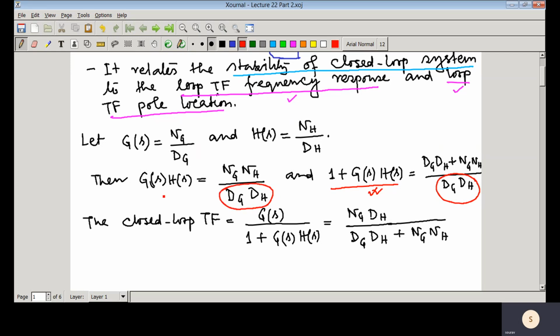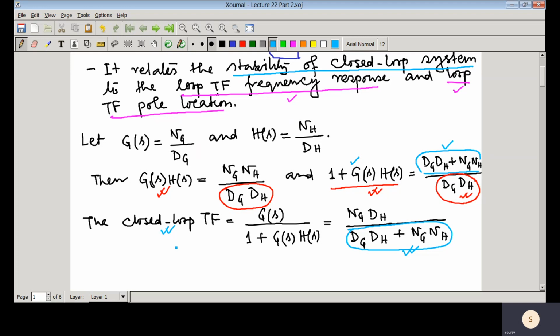The poles of the loop transfer function and the poles of 1 plus G(s)H(s) are the same. On the other hand, the roots of the numerator polynomial are the zeros of 1 plus G(s)H(s), and if you look at these polynomials, they are the poles of the closed loop system.